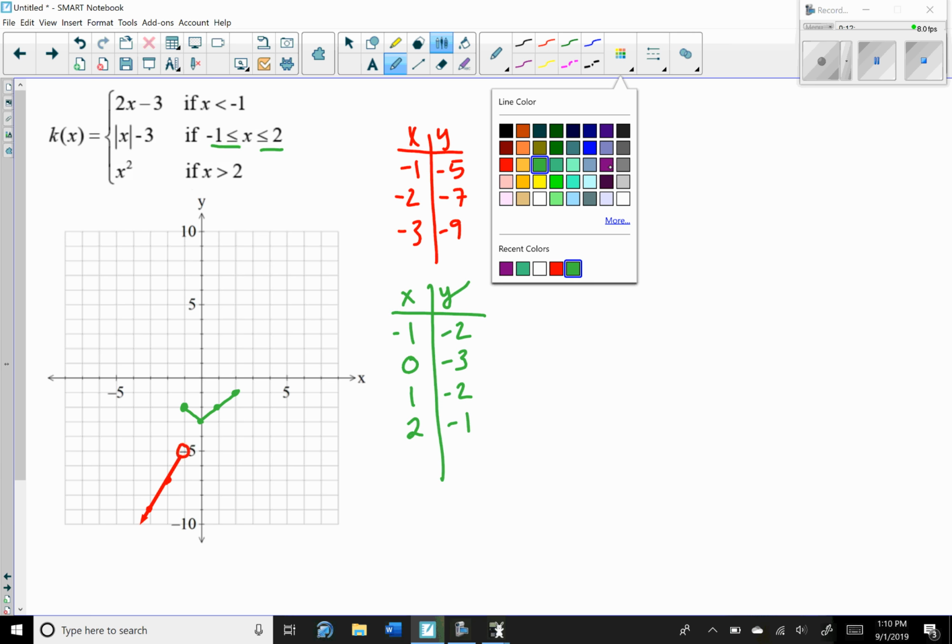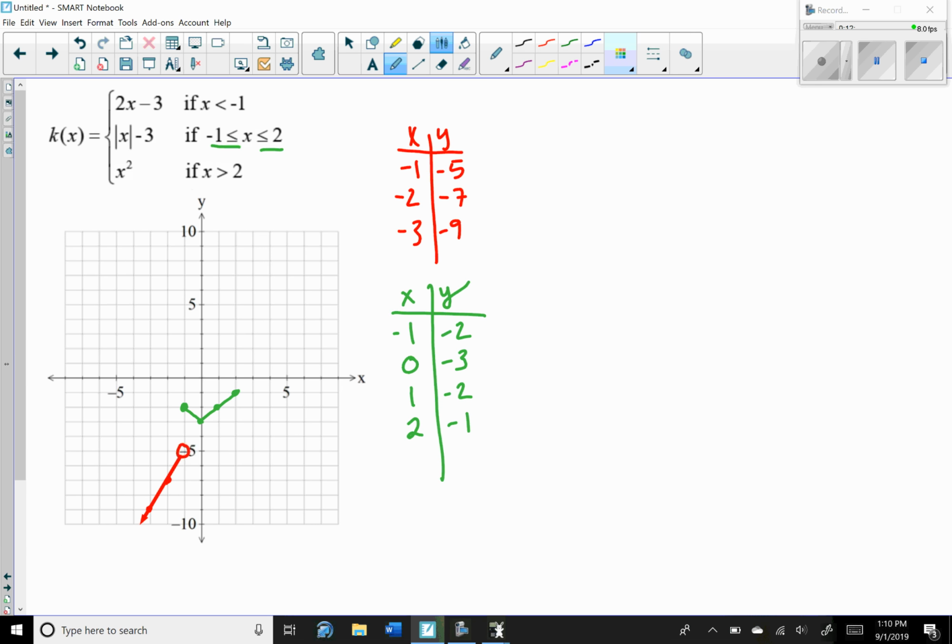And the next one that we're going to look at is our quadratic function, and our transition point is 2, so we're going to go ahead and start there. And so for this, we want x values greater than 2, so when we plug in 2, 2 squared is 4, and again, it's not equal to, so that means it's going to be an open circle at 2, 4.